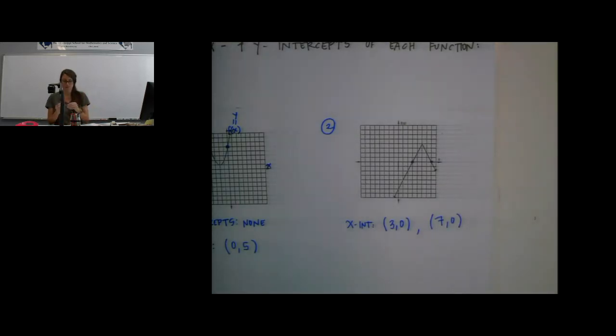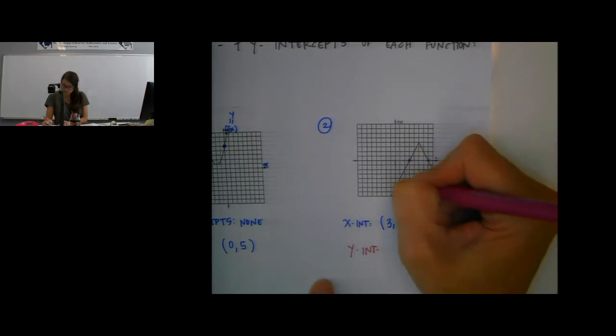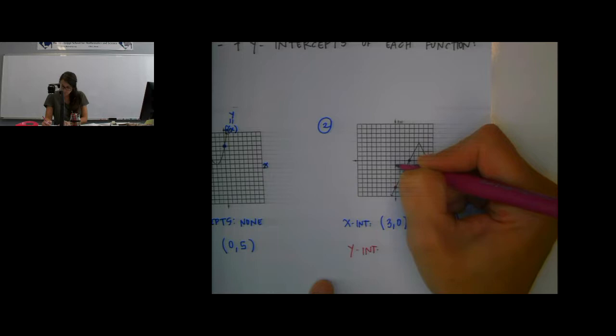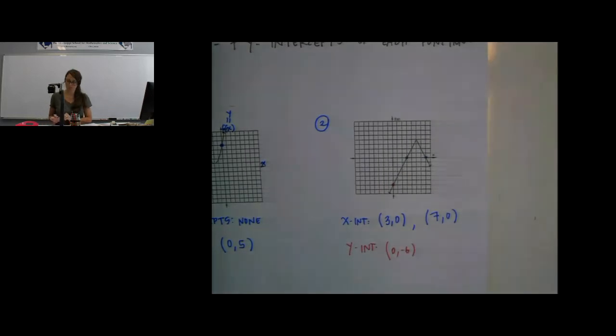The y-intercept is where it's going to cross the y-axis. So down here, so that's going to be at 1, 2, 3, 4, 5, 6, so -6. So 0, comma, -6 there.